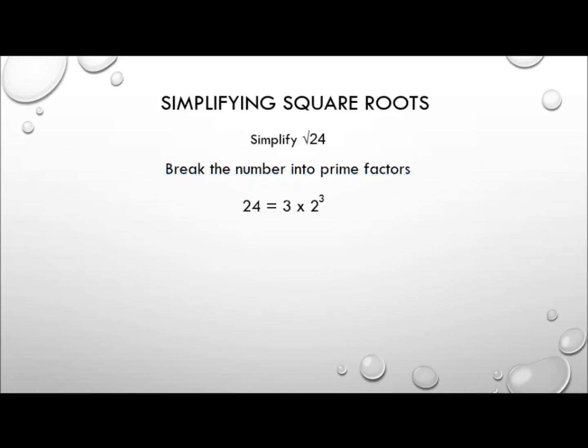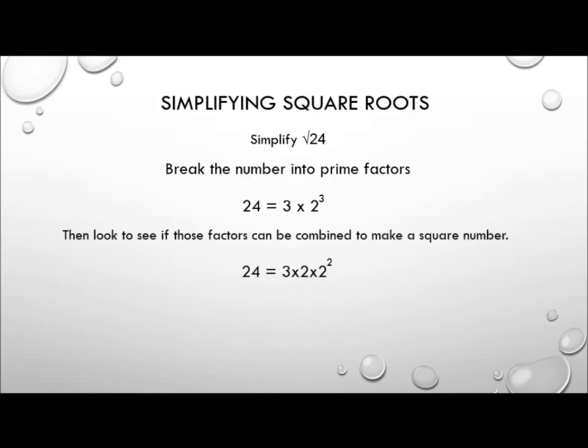So the first job is to break the number down into its prime factors. So 24 would be 3 times 2 cubed, and you'll note that 2 cubed is bigger than 2 squared. So we have a power of 3, which is bigger than the index of the square root. So the square root of 24 is not in its simplest form.